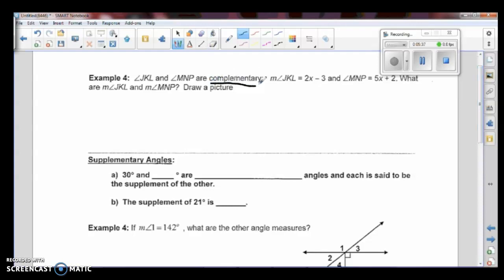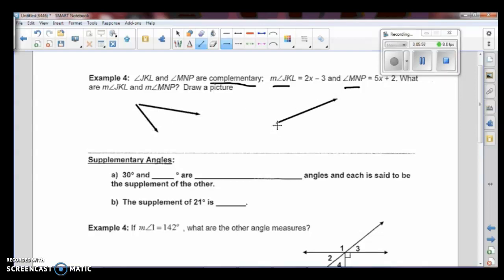JKL and MNP are complementary. JKL, MNP. So let's see, what are their measures? Okay. And we will draw ourselves a little picture. JKL and MNP.